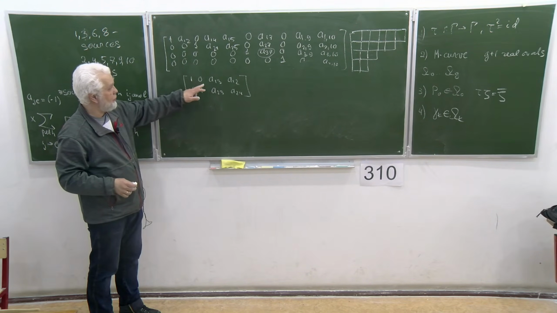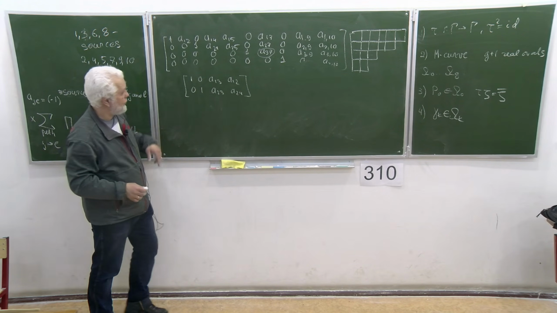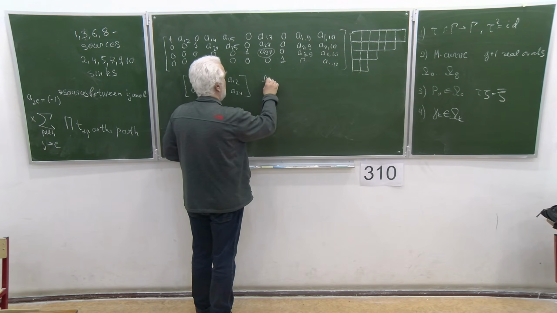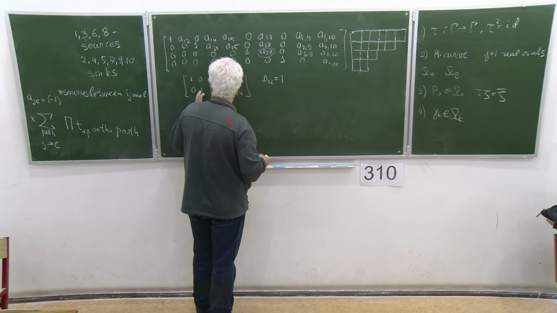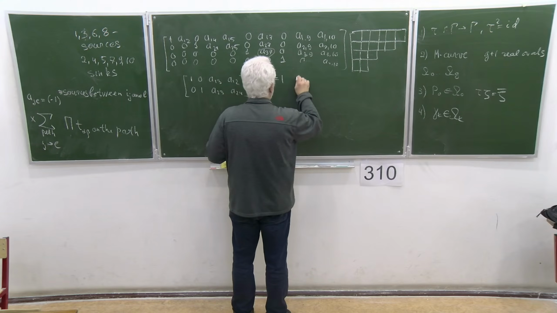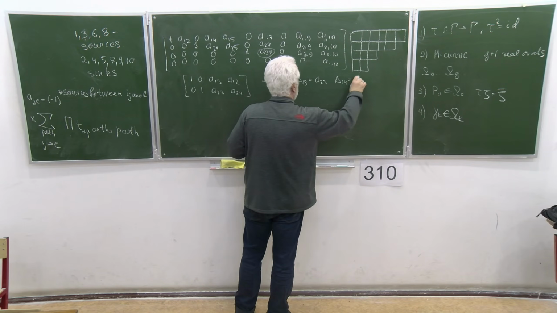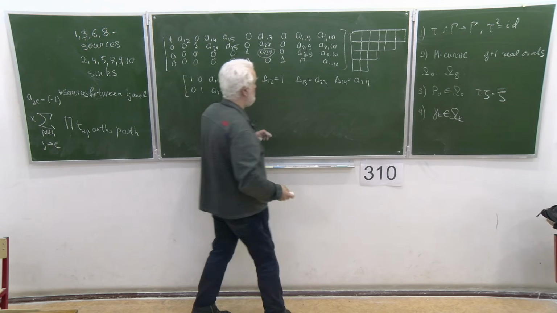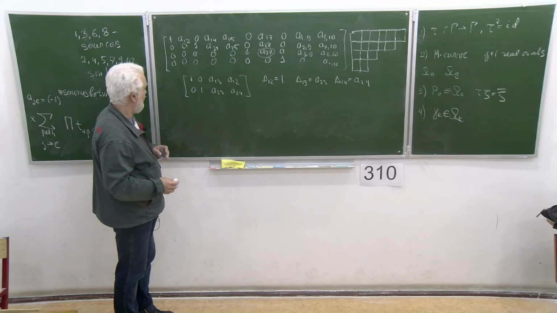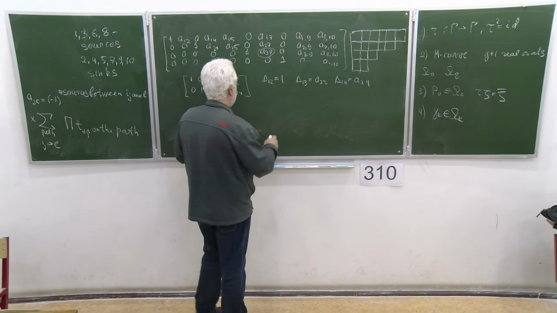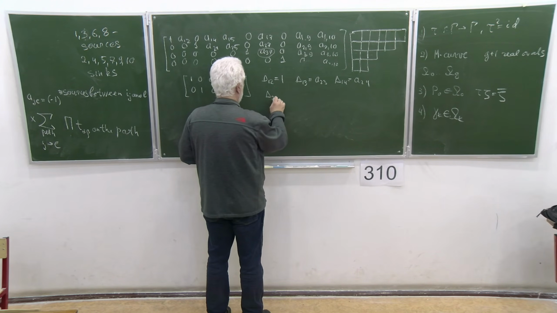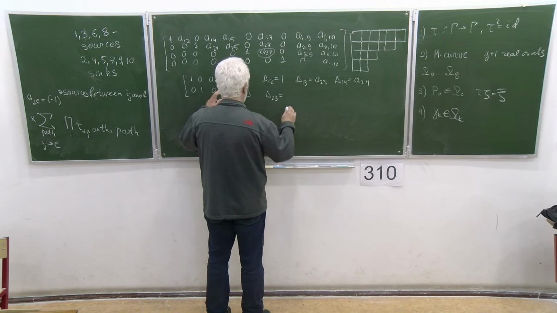Okay, let's have a look. First of all, we have delta 1, 2 equal to 1. A to 4. Delta 3 is minus A.